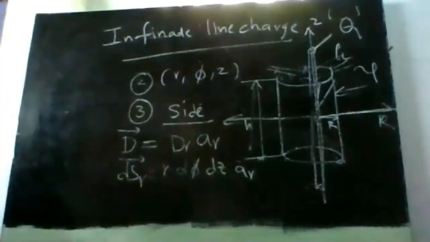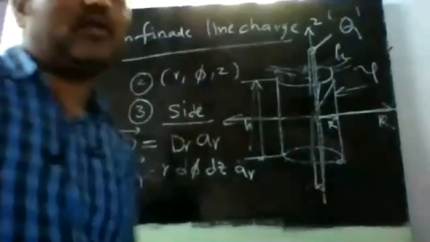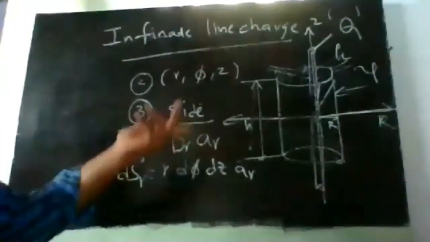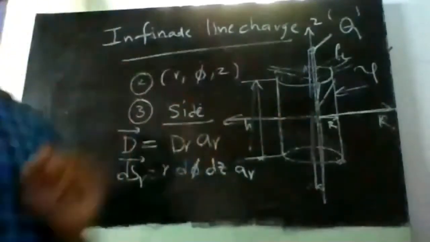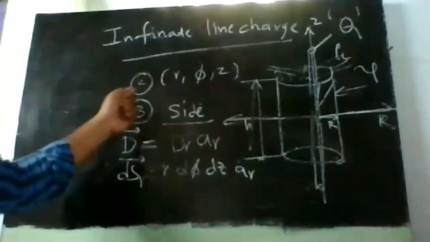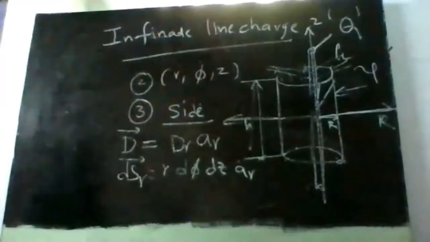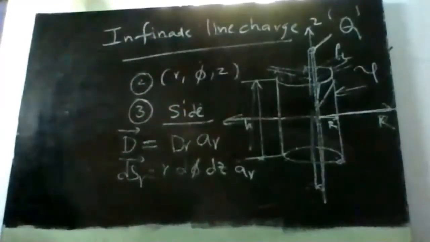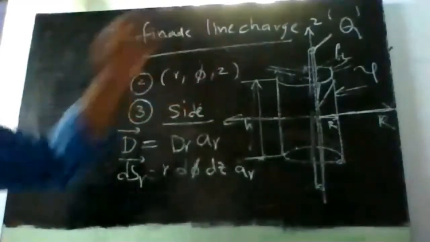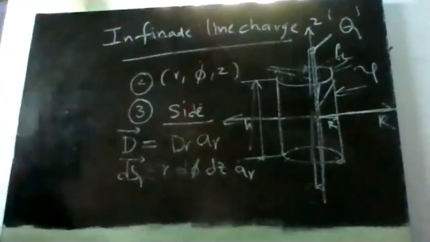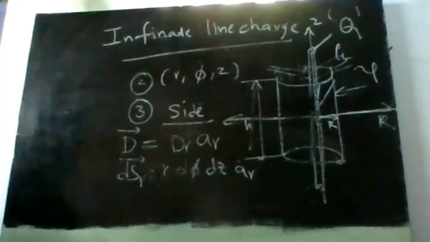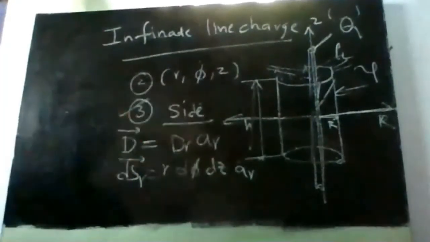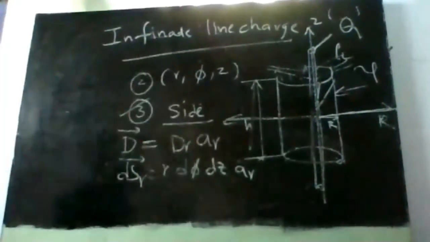The second step is obviously not a very informative one, but because we have chosen a cylinder as a Gaussian surface, the coordinate system that I choose is the right cylindrical coordinate system, and there are three axes: R axis, phi axis, and Z axis. The point will be represented as R, phi, Z. Now the third and most important step is how to choose the normal plane.